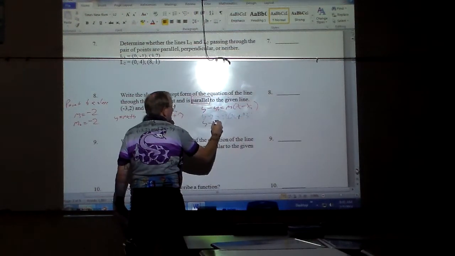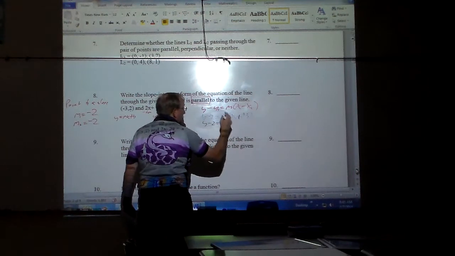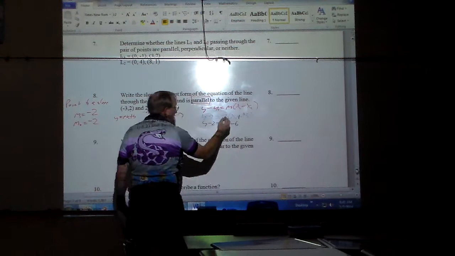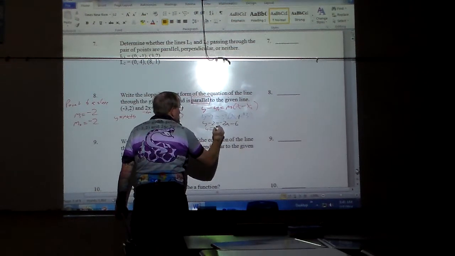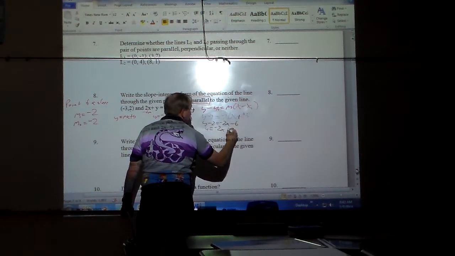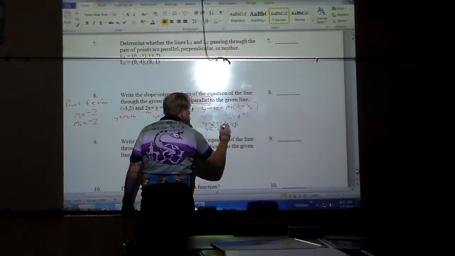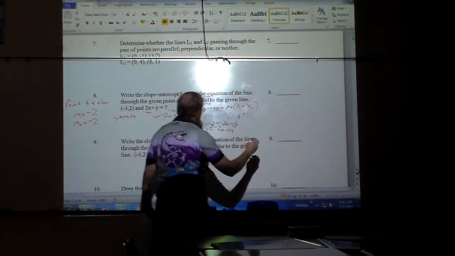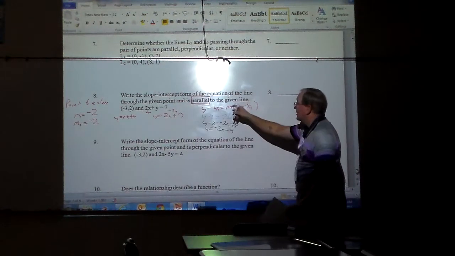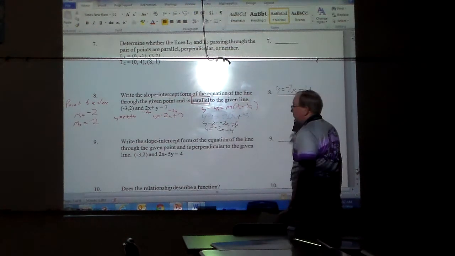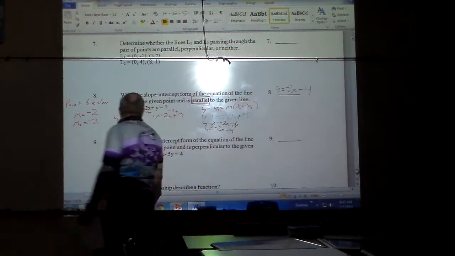So I have y minus 2 equals negative 2x, and negative 2 times plus 3 will be minus 6. Add 2 to each side. So y equals negative 2x, and negative 6 plus 2 will be negative 4. So my answer to A, written in slope-intercept form, is y equals negative 2x minus 4. That's the slope-intercept form of that equation.